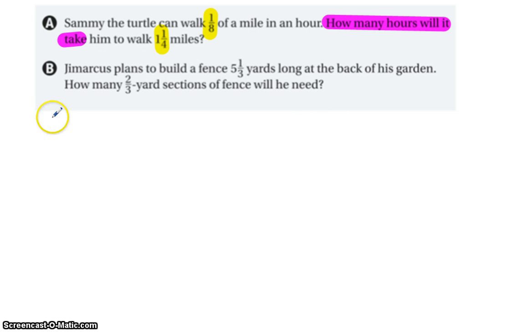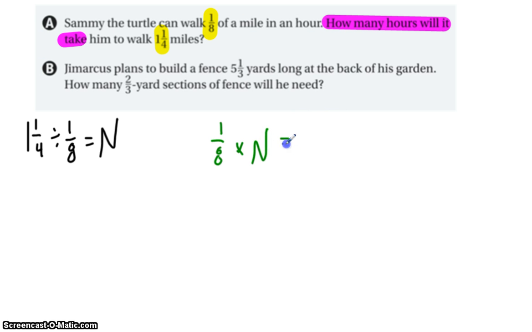So my number sentence is going to look like 1 1/4 divided by 1/8 equals, and because I don't have that answer yet, I'm going to set up a variable. Now, using fact families, I could also have set this up using multiplication, saying that 1/8 of a mile per hour times n number of hours is going to equal 1 1/4.